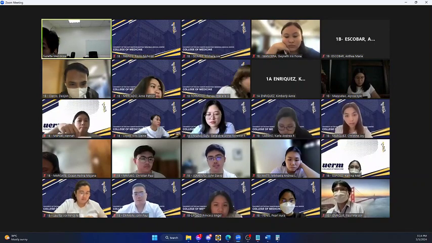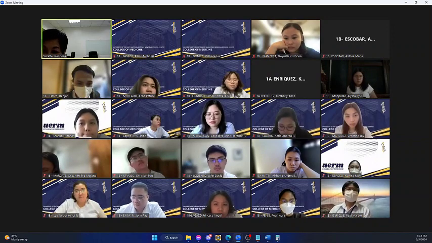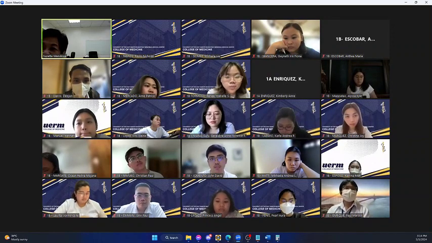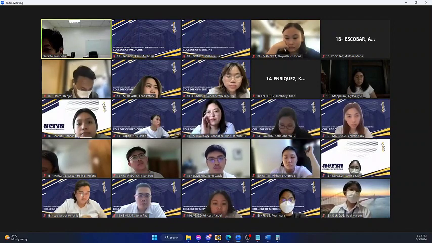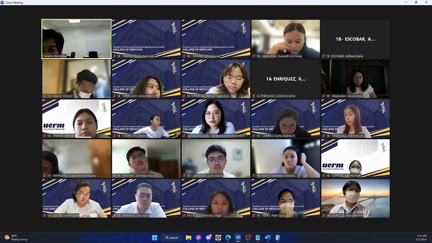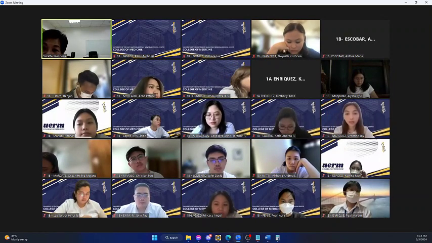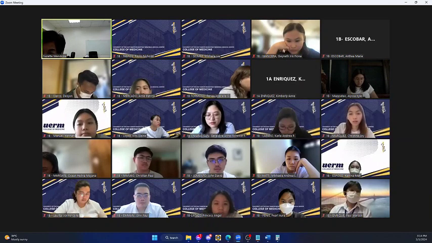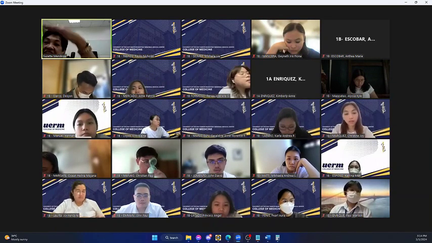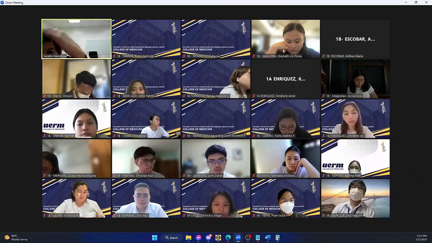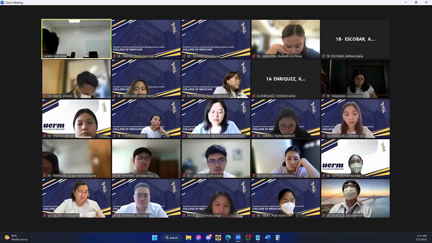So if you look at the structure of the insulin receptor, it is a heterodimer. Ibig sabihin, it is composed of 4 polypeptide chains. 2 alpha, which are extracellular, outside the cell, and then 2 beta that are intracellular.